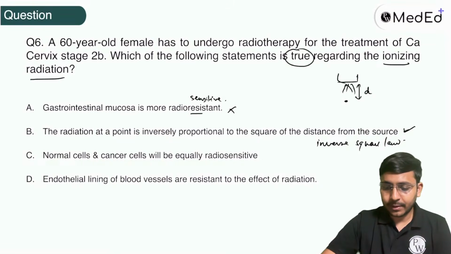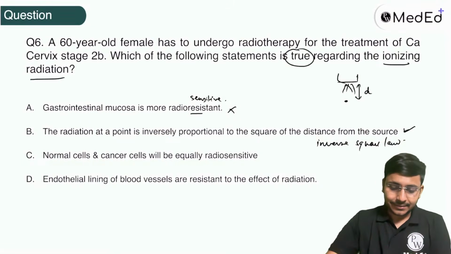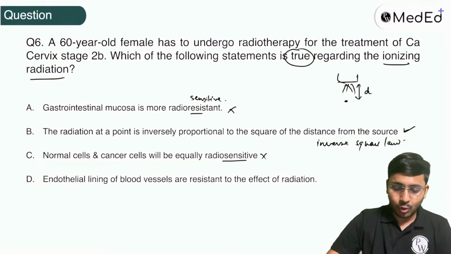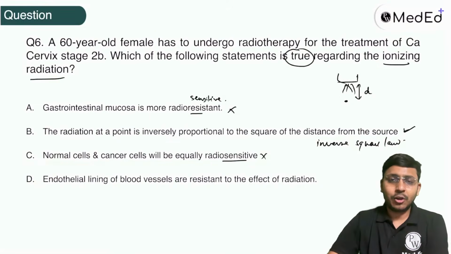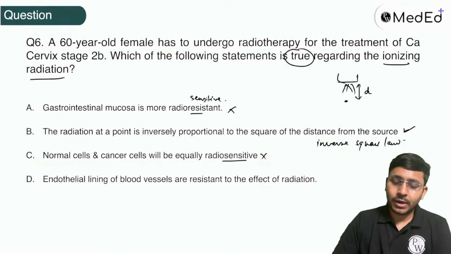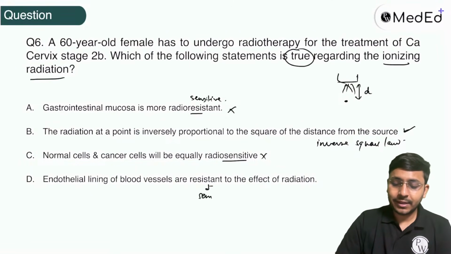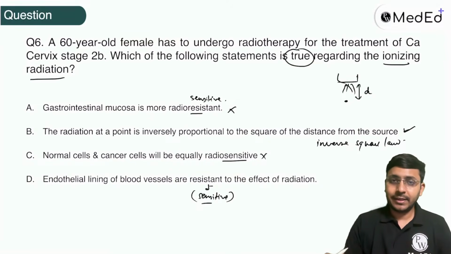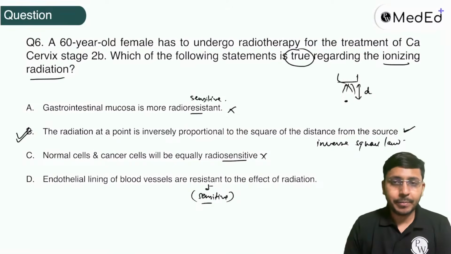This is a true statement. Now, normal cells and cancer cells will be equally radiosensitive? No. Normal cells and cancer cells are not equally sensitive. Cancer cells are more radiosensitive. Endothelial lining of blood vessels are resistant to effect of radiation? No. They are sensitive. Endothelial lining is rapidly dividing cells. Radiosensitive. Correct answer is B.